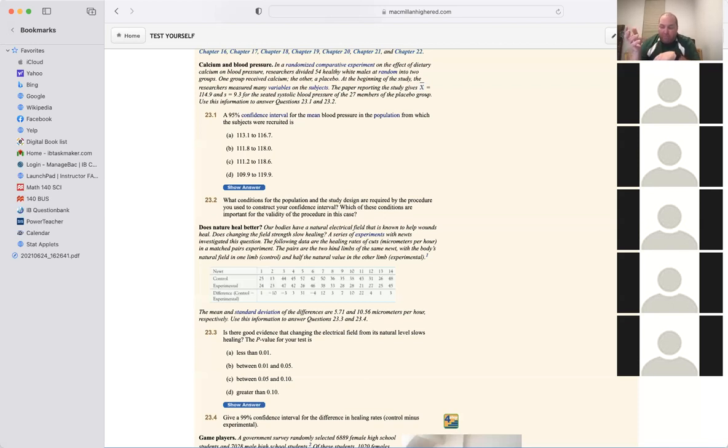So we're checking to see whether or not it's positive enough. Is it close to zero, in which case there's no difference, or is it greater than zero, in which case it does slow healing? So this is a test of the null hypothesis that the difference equals zero against the alternative that it is greater than zero.